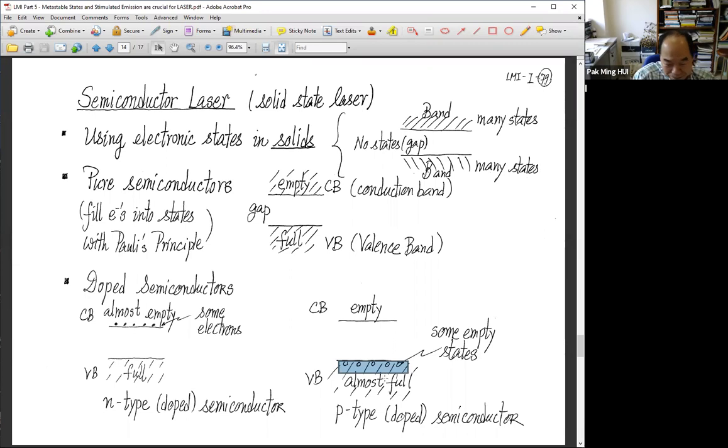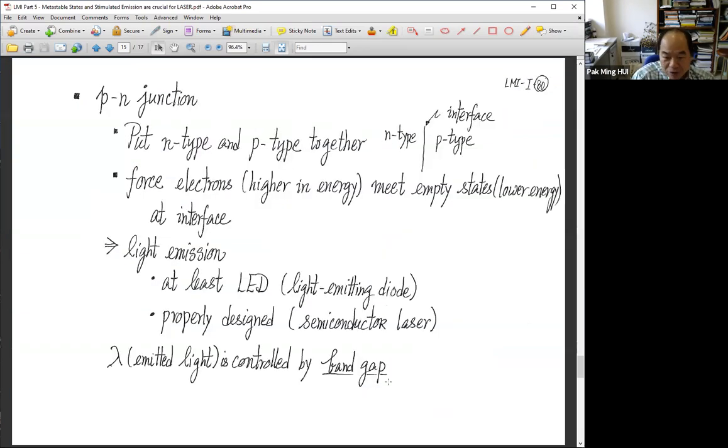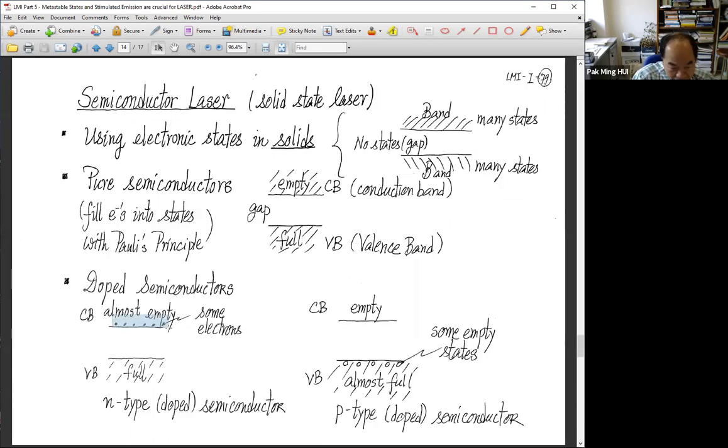So now, if we put these two things together, an N-type on one side, a P-type on another side, we have what you may have heard about, the PN junction. So think about it. If this thing is close to it, I put this thing here, for example, okay?